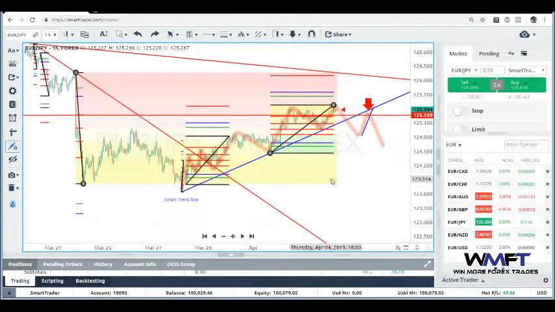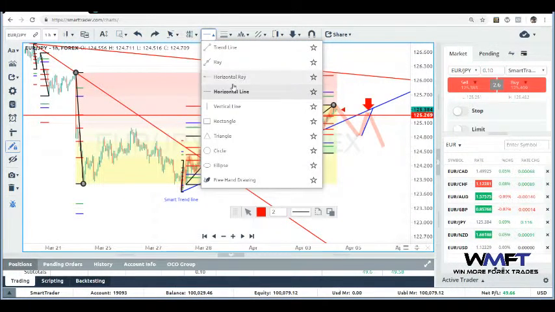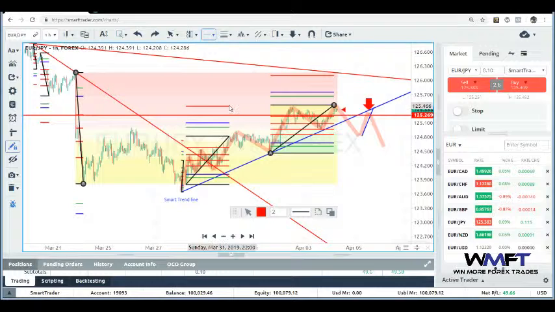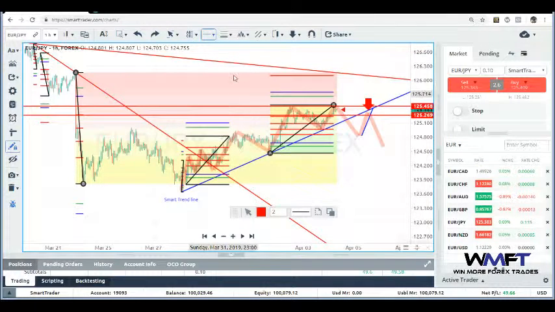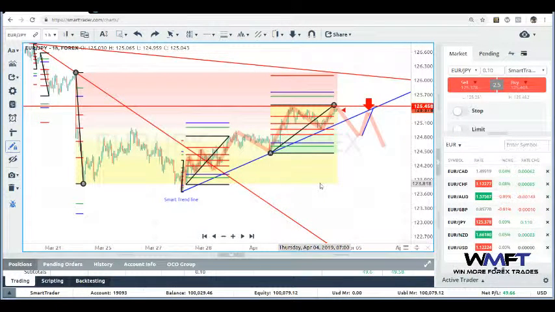So we got 1, 2 Fibonacci swings. Actually, this Fibonacci just hit, and if you guys can see that right there. And you guys know what happens when the market hits a Fibonacci extension? When the market hits a Fibonacci extension, the market will retrace.